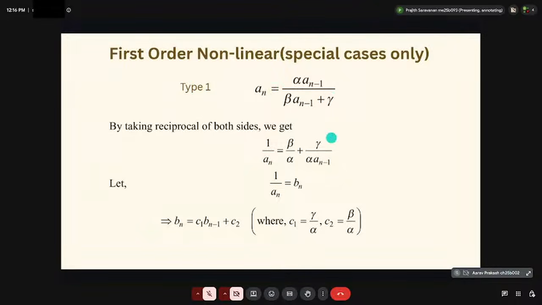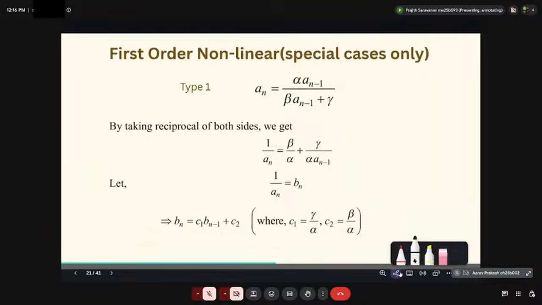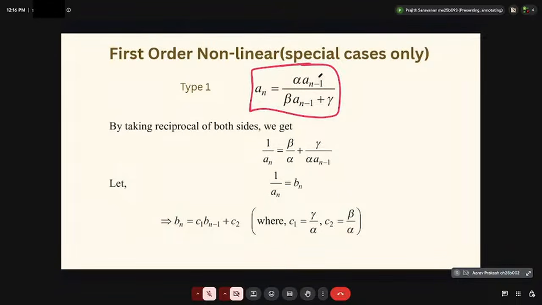The first type is this example. Over here, we have this recurrence. Immediately by seeing this, you might observe, what if I divide by a n minus 1? If you divide in the numerator and denominator, you will get something like this. This comes from intuition. And you can simply reciprocate both sides.